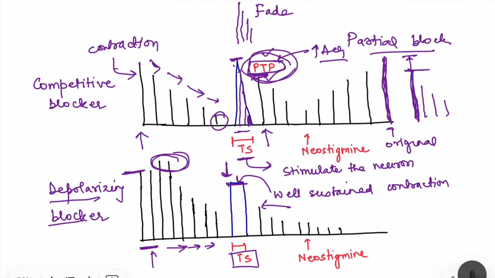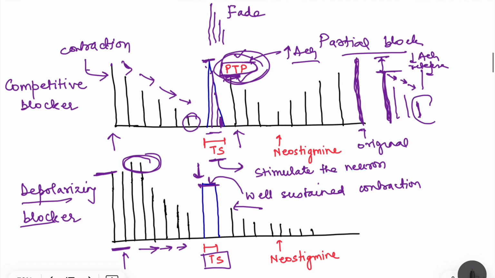But with tetanic stimulation we get a continuous decrease in the response, and this effect is due to decrease in the acetylcholine release. Understand? So that is how we understand this, and this is used to assess the effectiveness of the block. The more the decrease in the strength of this fourth contraction, the more the block, right?